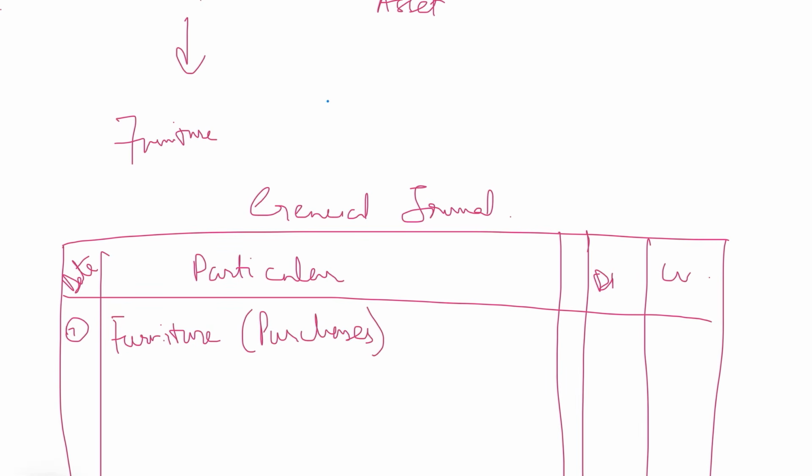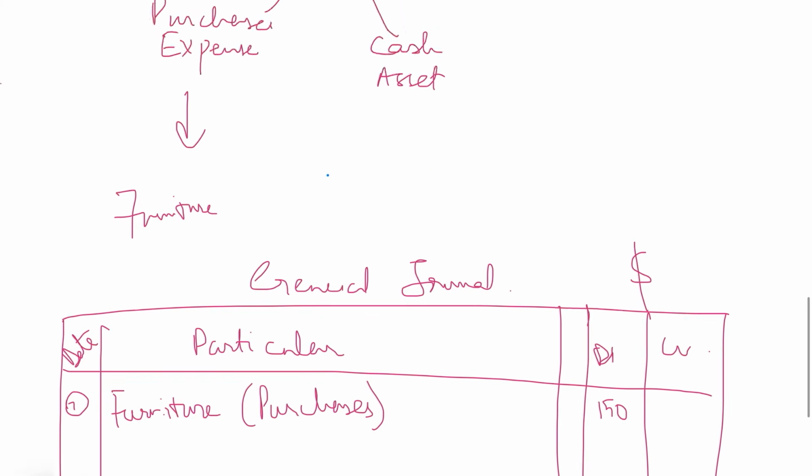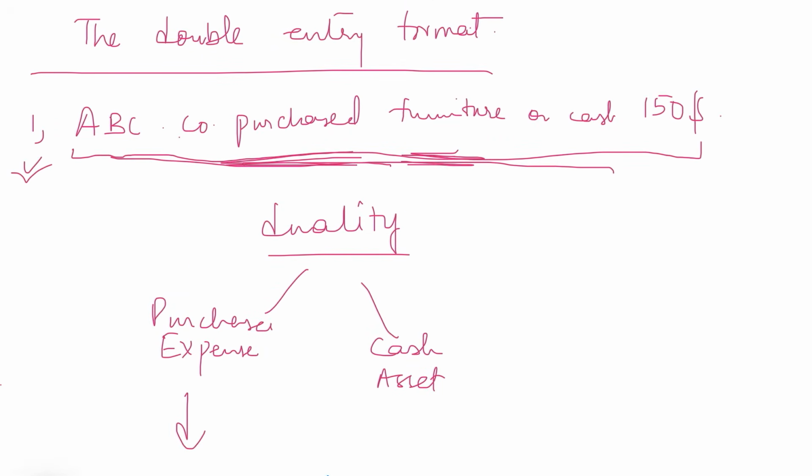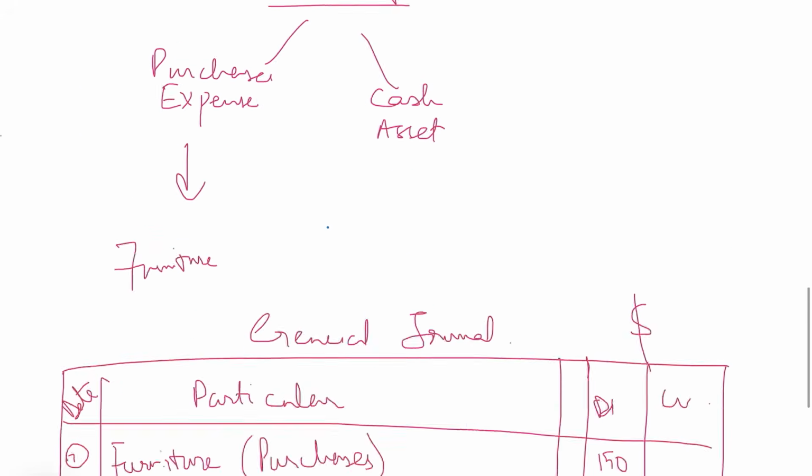So whenever the expense increases, it has to be shown on the debit side, which is $150. And in the same transaction, we can see that something is going out, right, and that is cash.